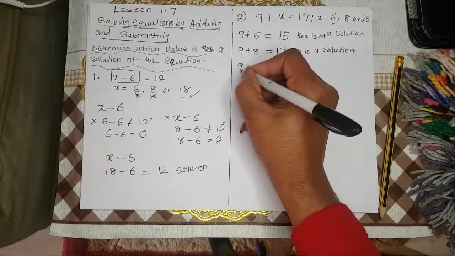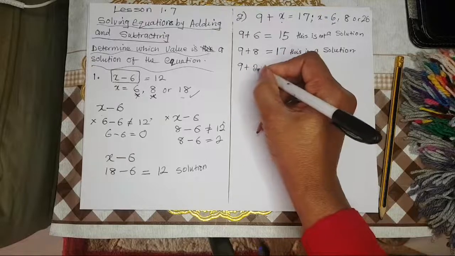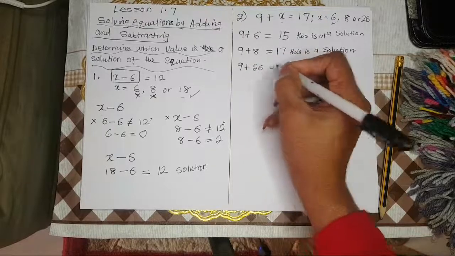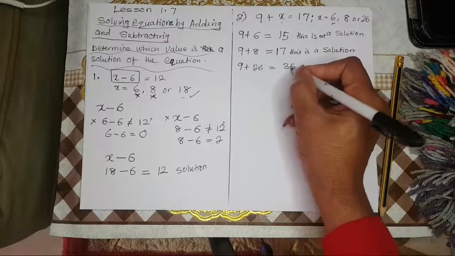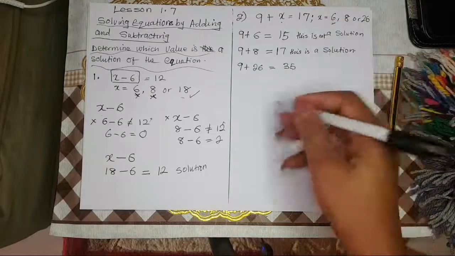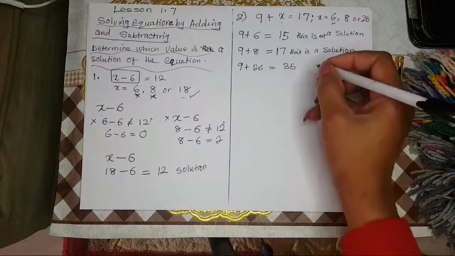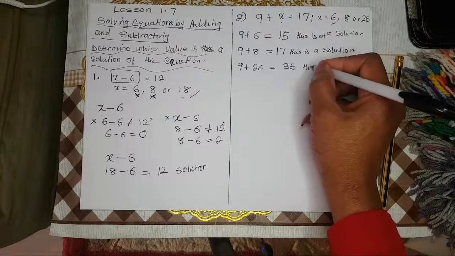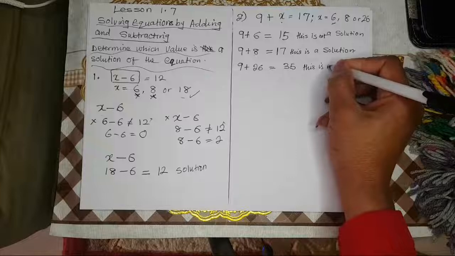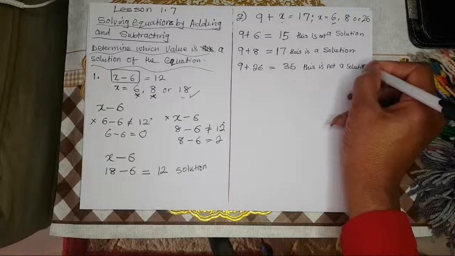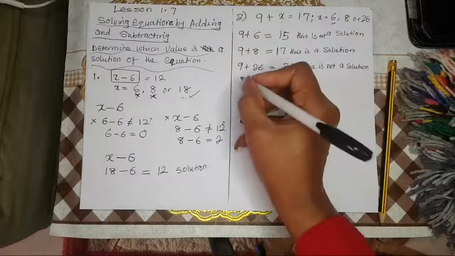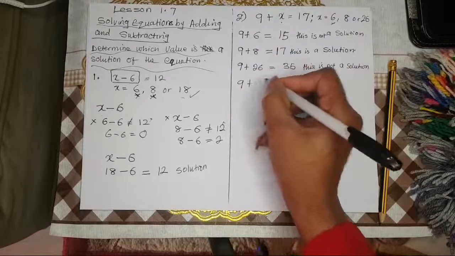Now the next one, 9 plus 26. 9 plus 26 is going to give you 35. We are looking for 17, we are not looking for 35. So this is not a solution. Remember, the initial equation is 9 plus x.